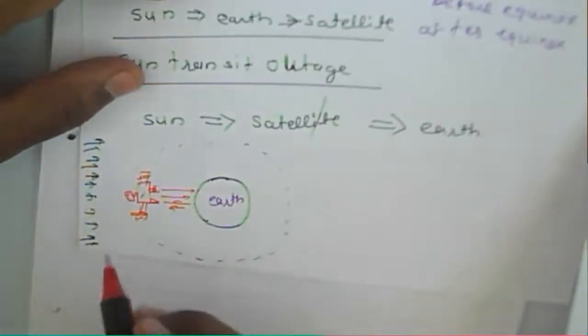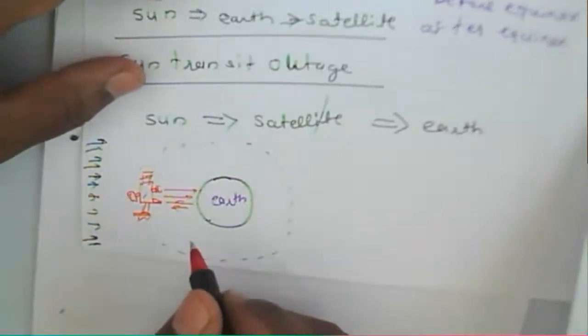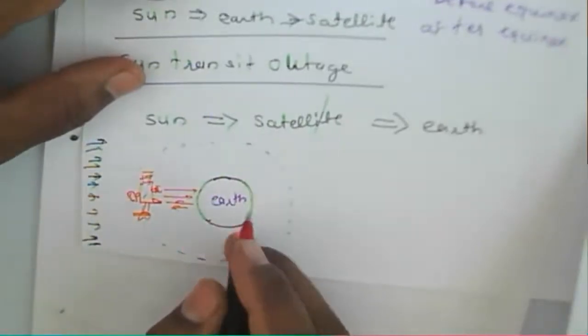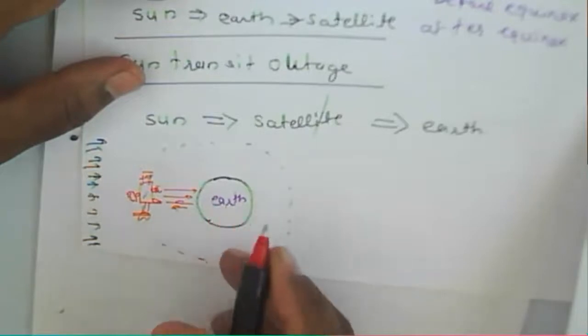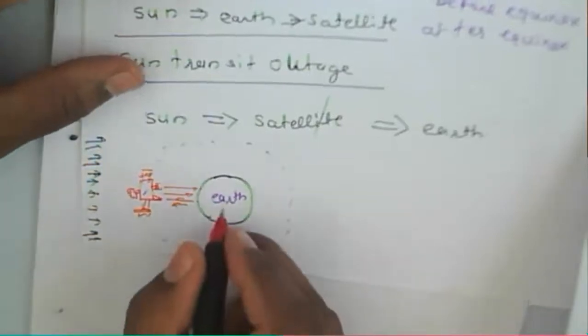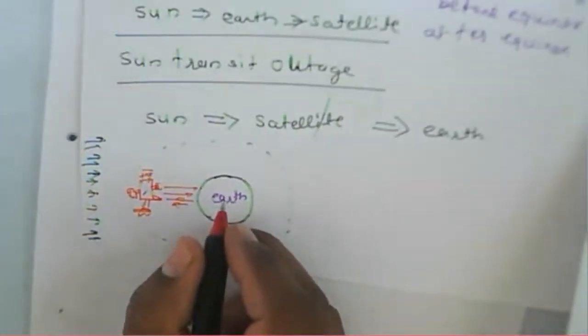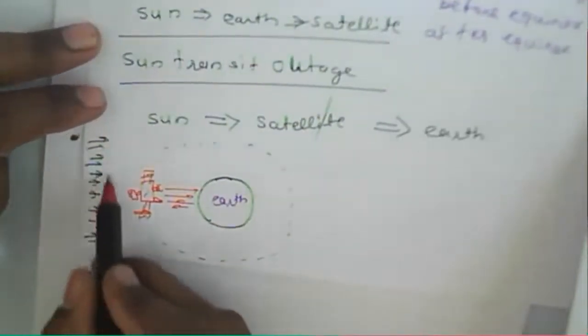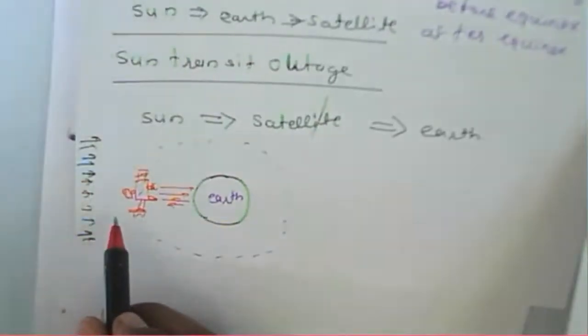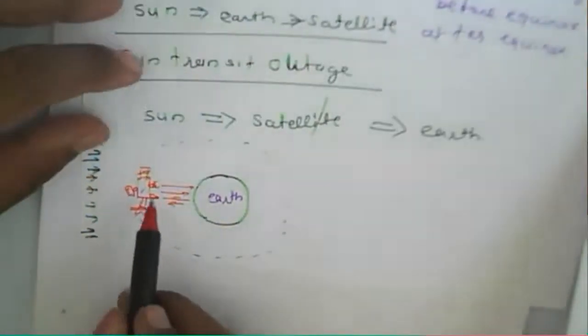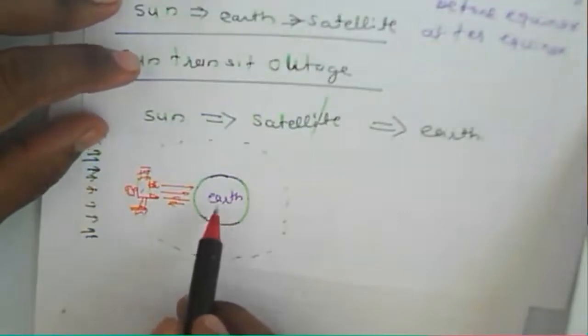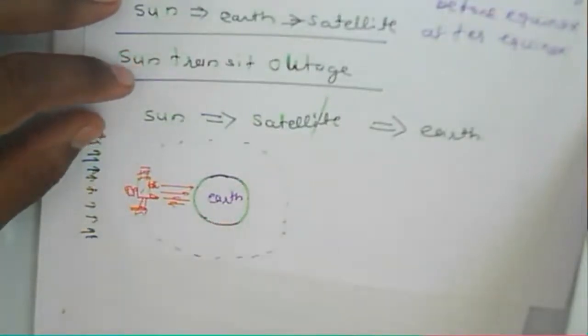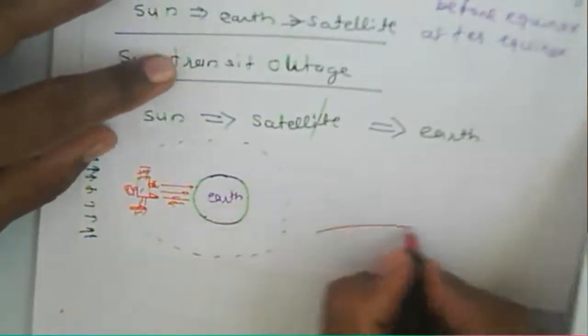Because of the sun radiation, whichever noise came from that particular satellite will not be received by this Earth station.